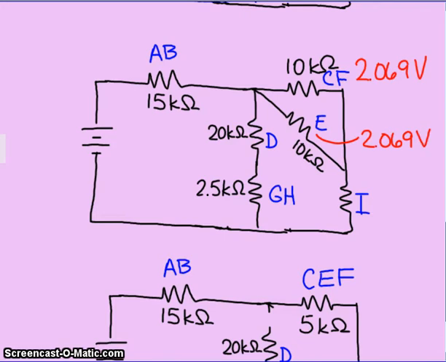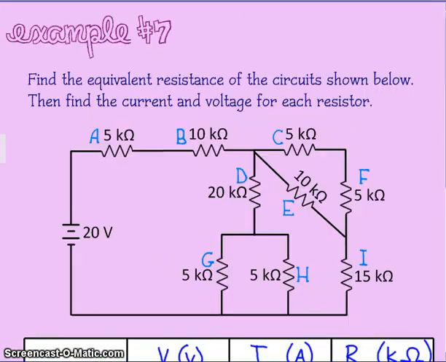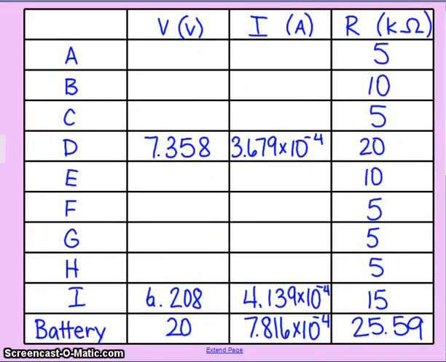E is a single letter resistor, so I can write 2.069 volts on my chart. And then I can calculate the current. I get 2.069 times 10 to the negative fourth.